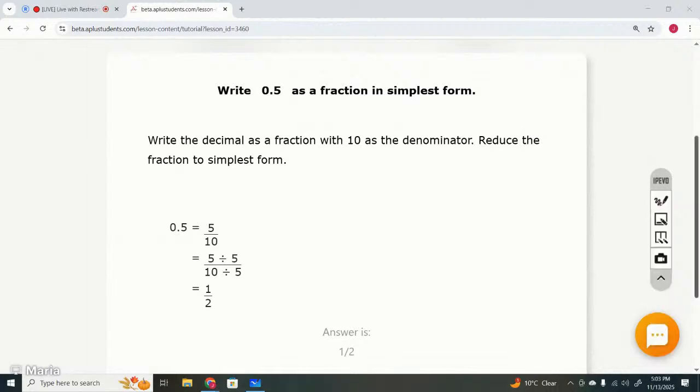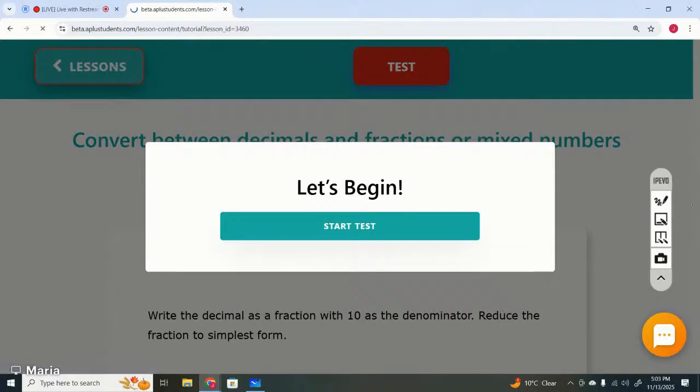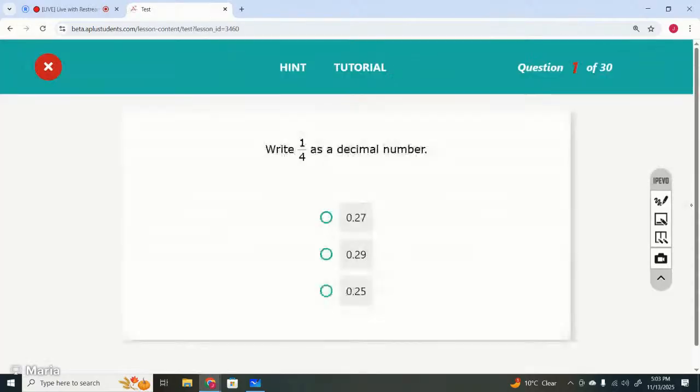Let's start with the test questions. Write 1 by 4 as a decimal number, right?